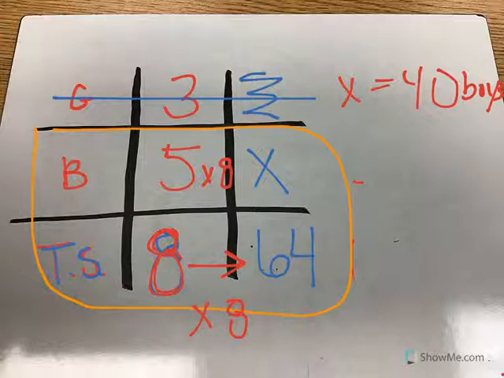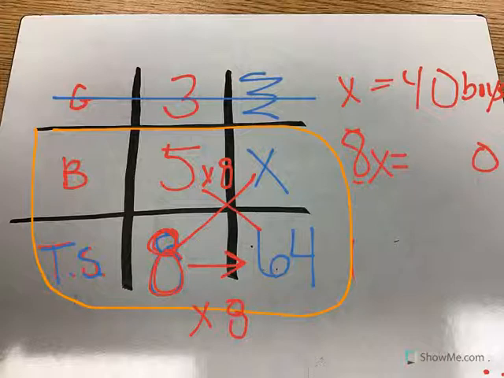Now, if I didn't know how to go from 8 to 64, I can solve it algebraically. 8 times x is 8x. 5 times 64 is 320. Now this is an algebraic equation.